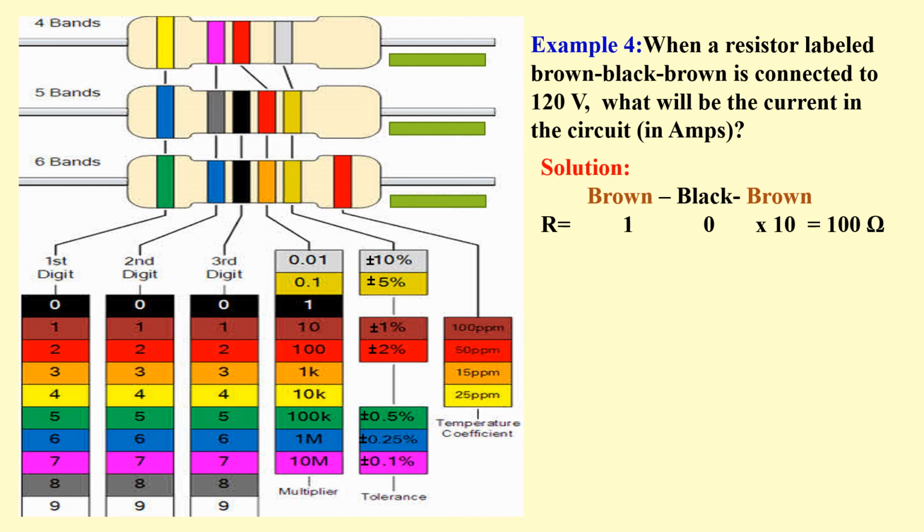And the multiplier brown is times 10. Therefore, we have 10 times 10 is just 100 ohms. Using Ohm's law, the current is V over R. Therefore, substituting the values, 120 divided by 100 equals 1.2 amperes.